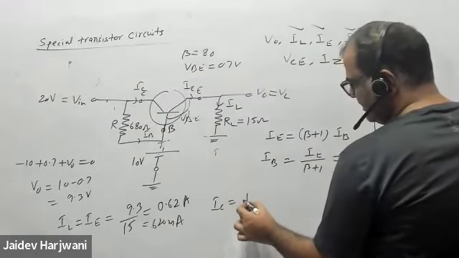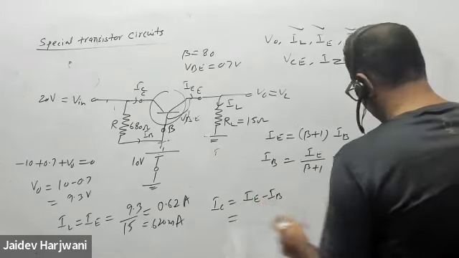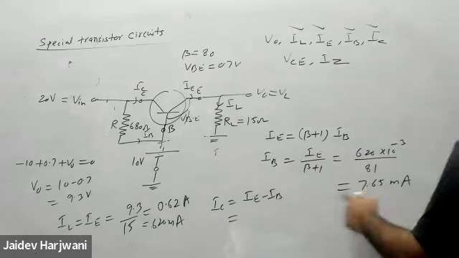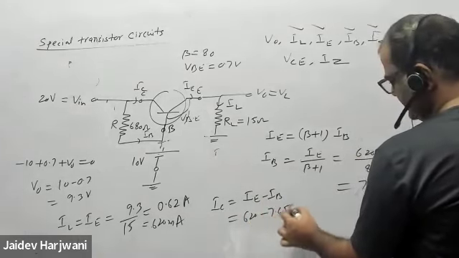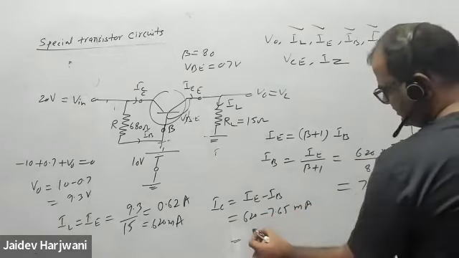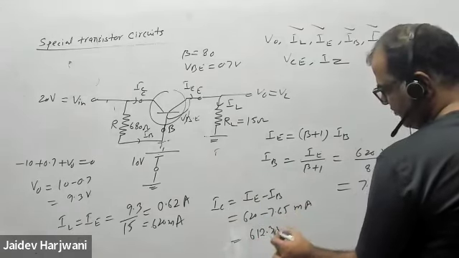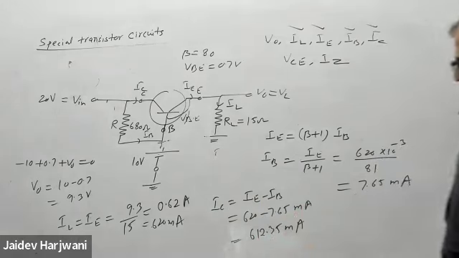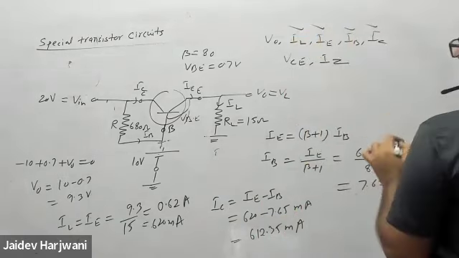IC will be IE minus IB, almost the same only. This is 7.6 milliampere, this is 620 milliampere. 620 minus 7.6 milliampere, so how much will remain? 612.35 milliampere. So you know IL, you know IE, IB, IC.